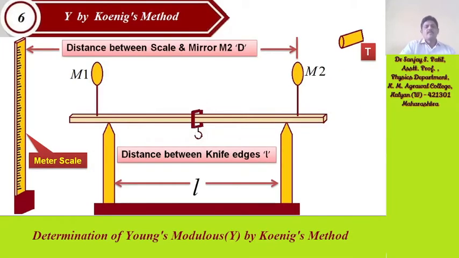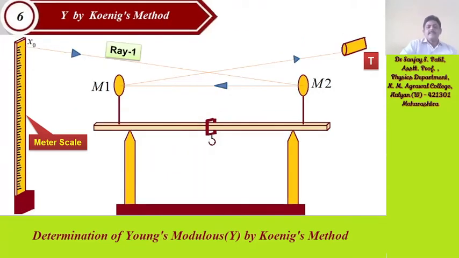Now we will see the distance between the meter scale and mirror M2, which is suppose capital D, and the distance between the knife edges is suppose small l. See, now there is no weight and the initial reading is to be taken as x0.